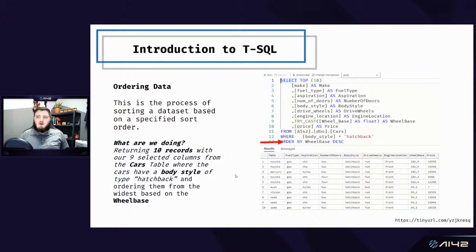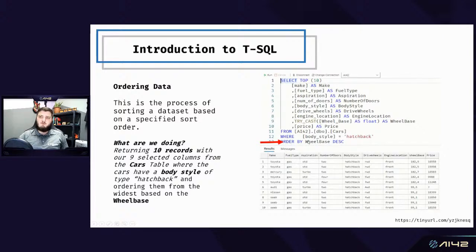But now I want to give my data a specific ordering. I want the 10 largest hatchbacks based on their wheelbase. So here there's an order by statement, and I refer to the wheelbase.